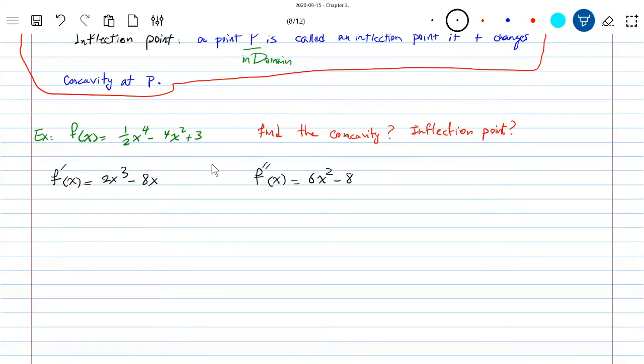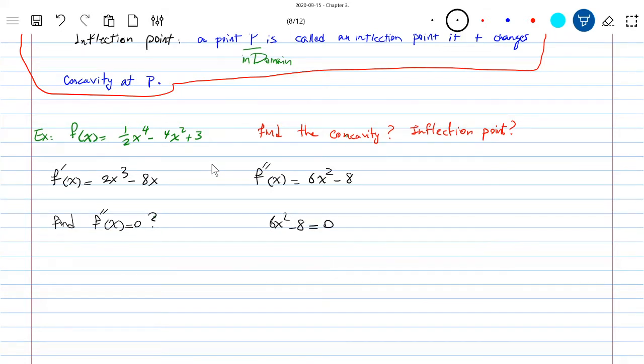What we're going to do is find something like a critical number, but for the second derivative. So we want to find first where the second derivative is 0. This is the first part, because you want to draw the number line and do similar behavior to what we did for the first derivative. So I will set the second derivative equal to 0: 6x squared minus 8 equals 0.